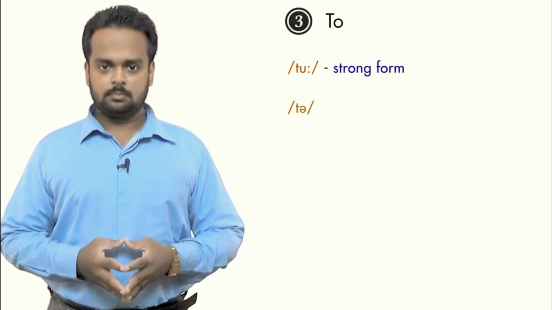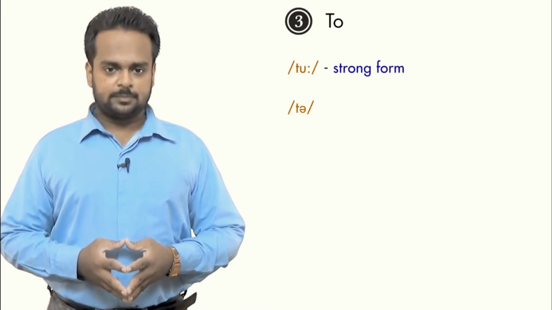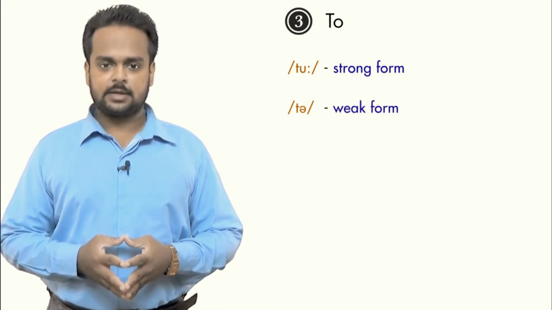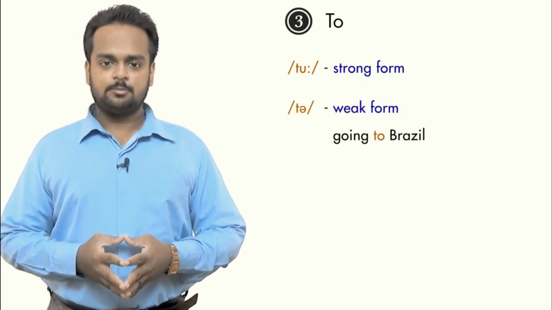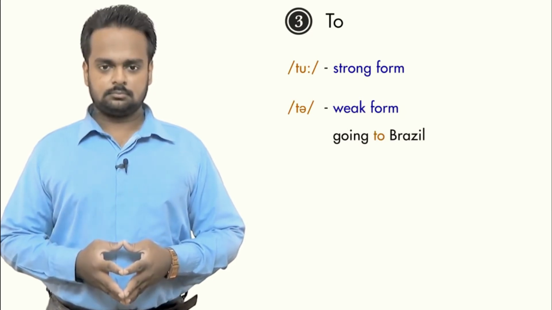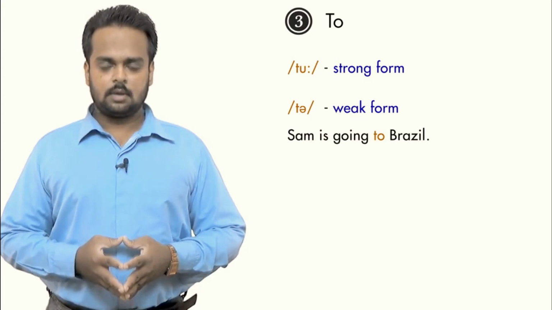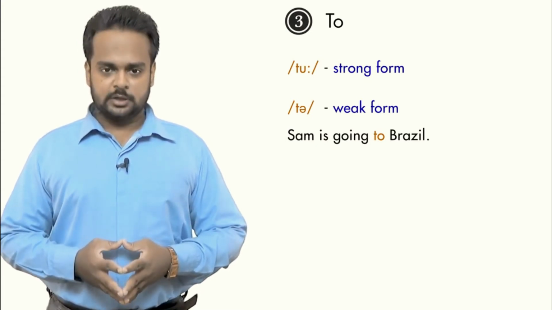Number 3, "to." "To" is the strong form. But in natural speech, we say "tuh" in sentences. Going to Brazil. Sam is going to Brazil.